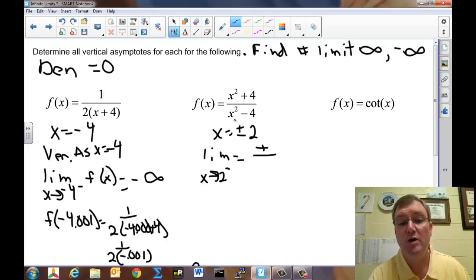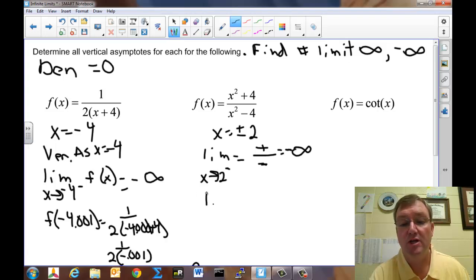If we take 1.99 and square it on your calculator, you should get a number that's smaller than 4. It'll be a positive number, but smaller than 4. So we'll have something minus 4. This is going to give us a negative answer. So a positive number divided by a negative number gives us a negative answer, which should be negative infinity.